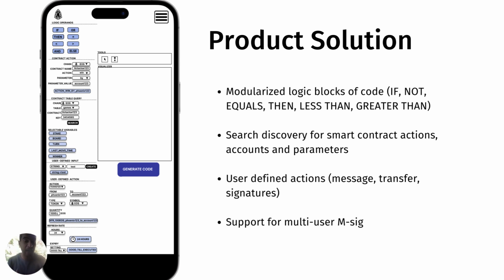We'd have user-defined actions, based on the logic that occurred on the network. So maybe something occurs. If this occurs, then you can send a message or you can transfer a number of specific tokens, or you can maybe sign something. We envision inherent support for multi-user MSIG as well. So this could be quite interactive.